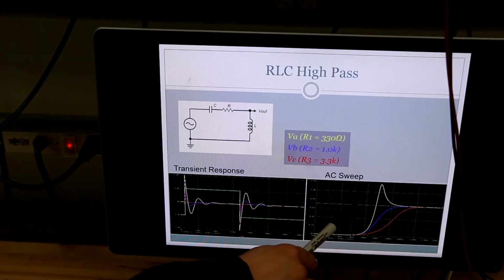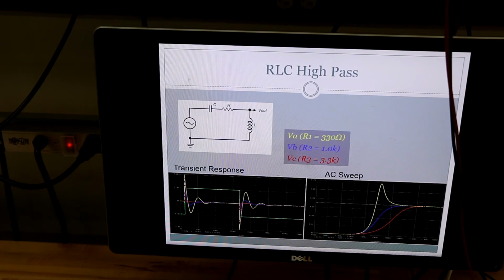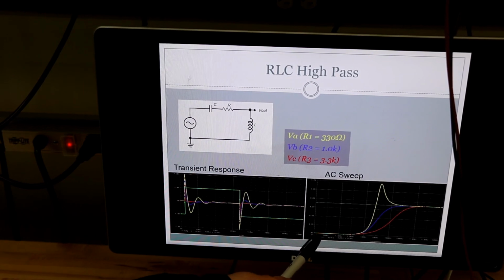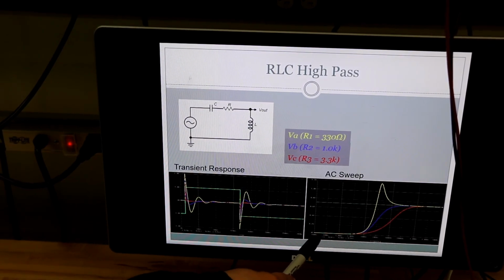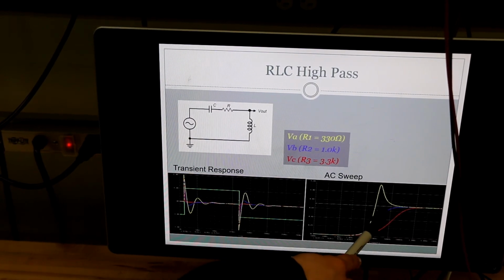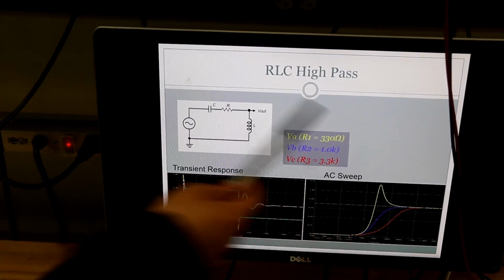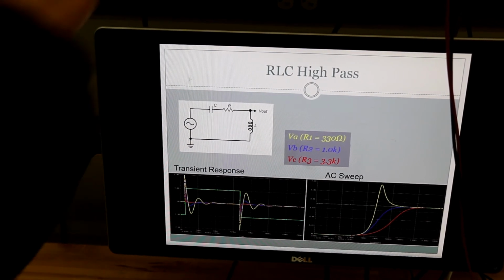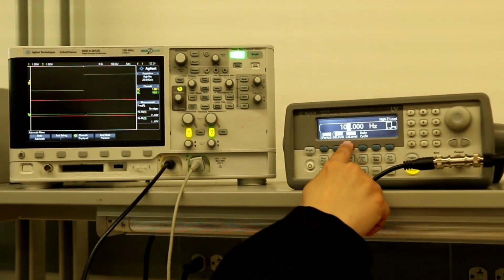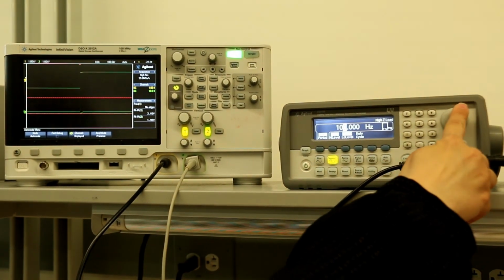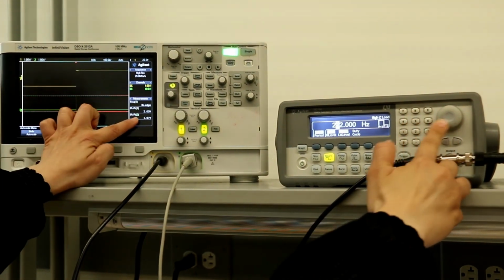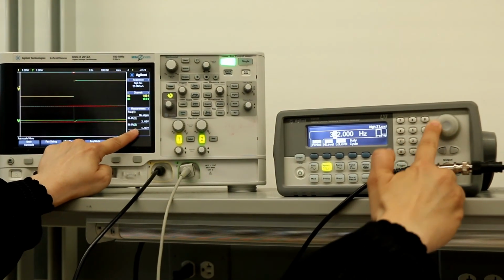And for the frequency response, at the 100 hertz, the voltage should start from 0, and then it should be increasing, and above the resonant frequency it reaches the input voltage. So let's do this here. While I am increasing the frequency, peak to peak 2 increases.